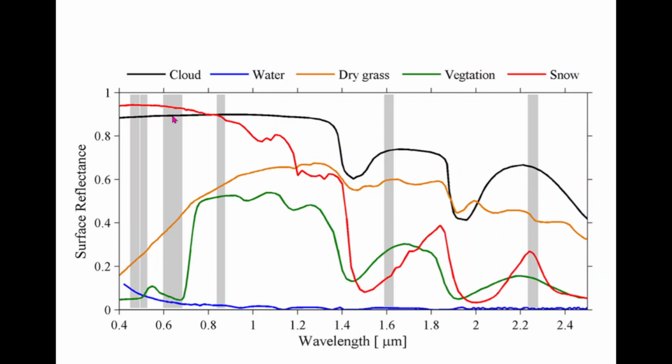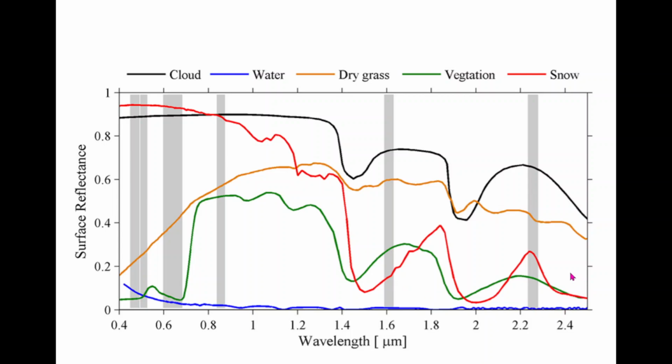That is why they are reflecting away almost all, or up to 90%, of the visible range radiation that falls on them. But as the wavelength increases and frequency reduces, what is going to happen to the surface reflectance? It will be reduced. That means this radiation will be absorbed.